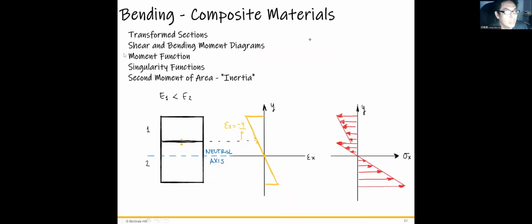If we bend composite materials, what does that mean? If the beam is combined from two materials, 1 and 2, what are the material properties? The Young's modulus. Let's assume that E1 is less than E2, which means E2 is higher than E1.